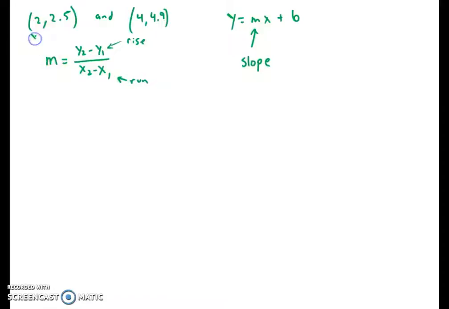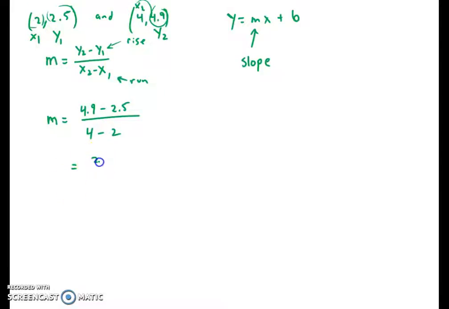So this is x1, y1, x2, y2. So slope: y2, 4.9, minus y1, 2.5, all over x2, which is 4, minus x1, which is 2.